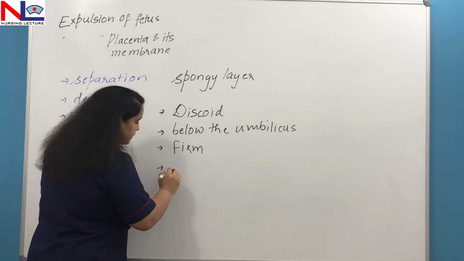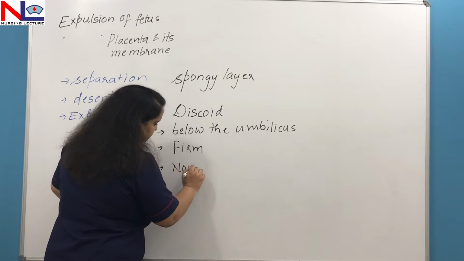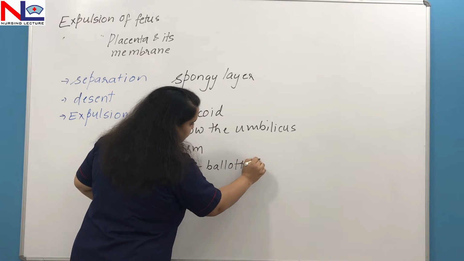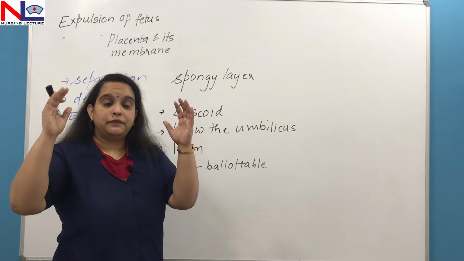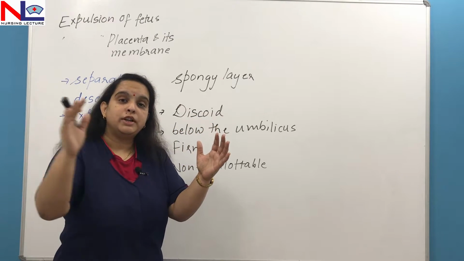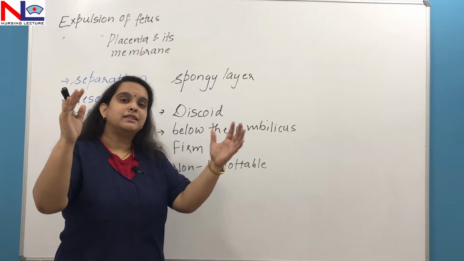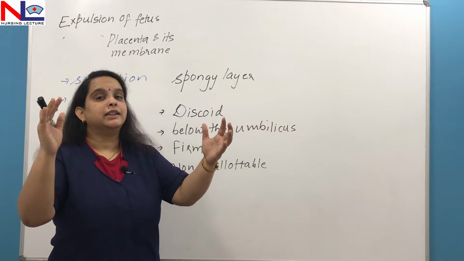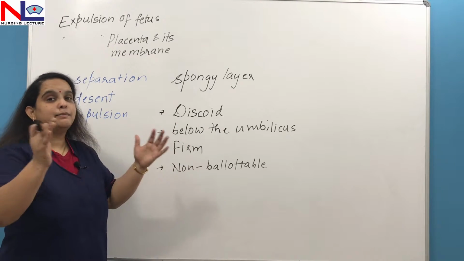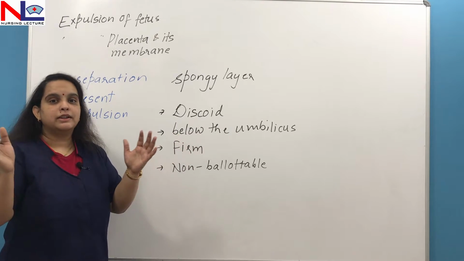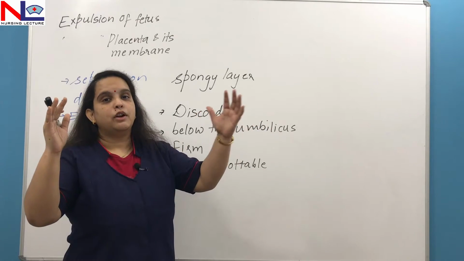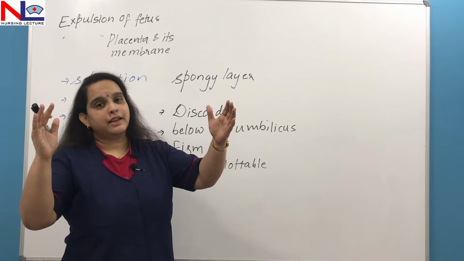And another feature is that it is non-ballotable. So what is ballottement? If you place both hands over the abdomen of a woman and you tap toward one side, you will feel something with the other hand, right? So this is called ballottement. But here, as the placenta is not separated, it is not moving inside the cavity, so you will not feel anything with this hand, right?